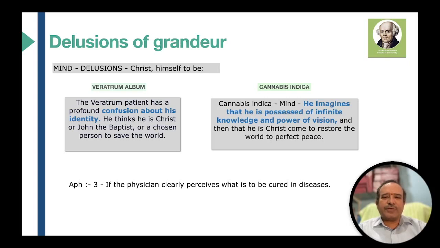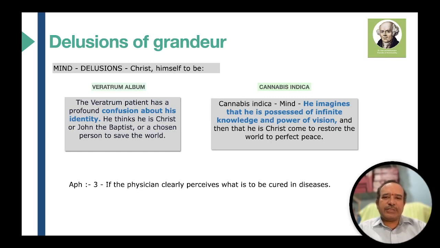Because of the confusion of mind, they think like this, in a delusion mode. Based upon this, Veratrum has been given the 3 grade in the rubric. In Cannabis indica, he imagines that he possesses infinite knowledge and power of vision, and that he is Christ come to restore perfect peace to the world.